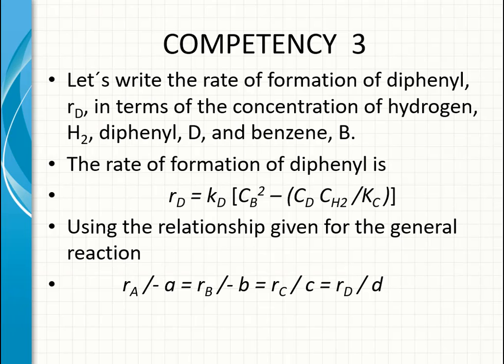The rate of formation of diphenyl is Rd equal to Kd times the concentration of B to the second power minus the concentration of D, the concentration of H2 divided by the equilibrium constant Kc, and using the relations given for the general reaction that the rate of A, Ra, divided by the stoichiometric coefficient of A is equal to the rate of B divided by the stoichiometric coefficient of B, is equal to the rate of C divided by the stoichiometric coefficient of C, and is equal to the rate of D divided by the stoichiometric coefficient of D. And here we know that if A and B are disappearing, we need to consider the minus sign in these expressions.